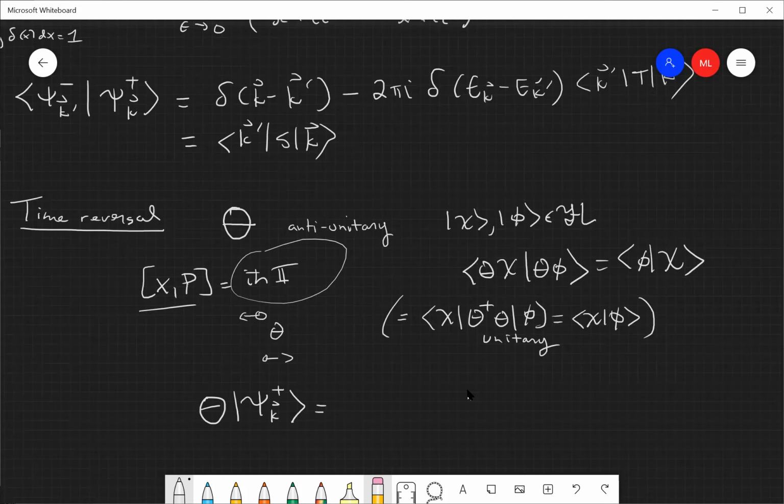Well, if you have a scattering solution corresponding to an outgoing spherical wave, that's the plus sign, then if you time reverse, the spherical wave should start going inward, right? And moreover, because we know the momentum changes direction, our vector k must go to minus k. Remember, this is labeling the incoming momentum.